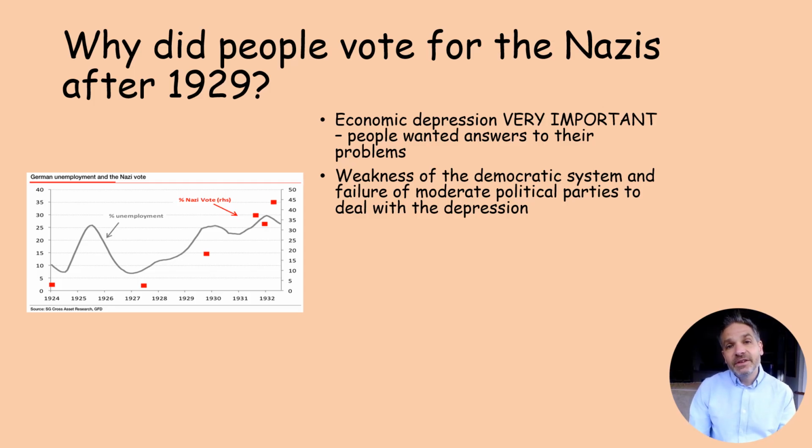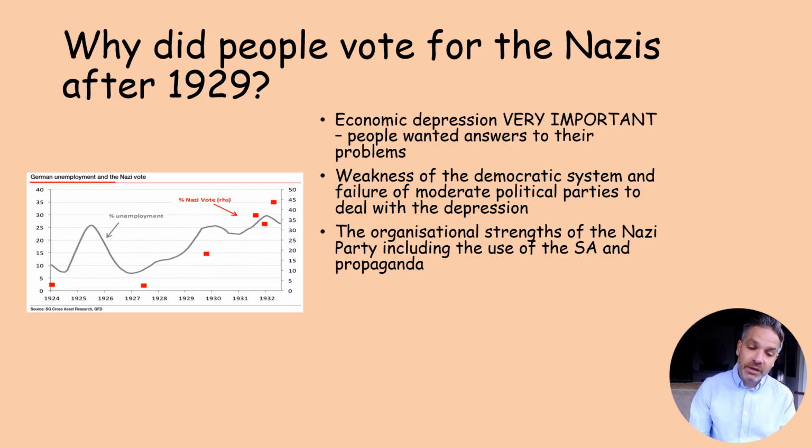Many people begin to see the Weimar democratic system as weak and ineffective, particularly since the coalition governing system means that parties argue and squabble and those coalitions collapse. This is also a time, however, where the organisational strengths of the Nazi Party are able to be shown.